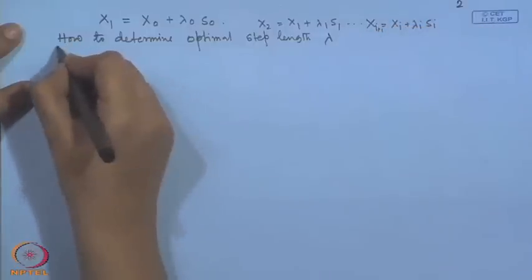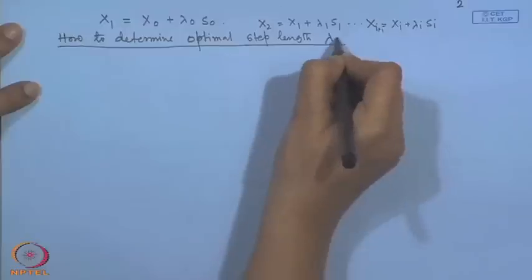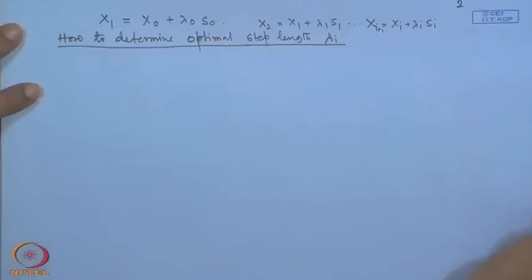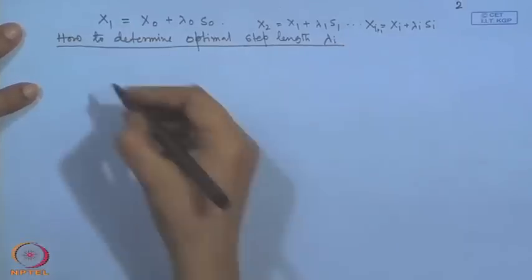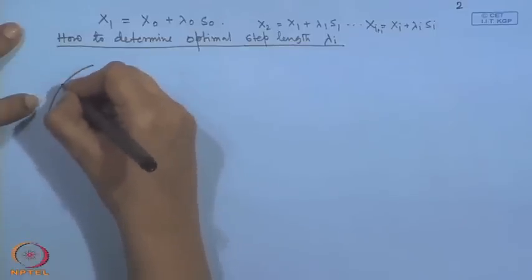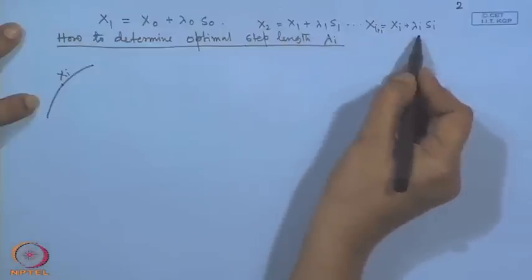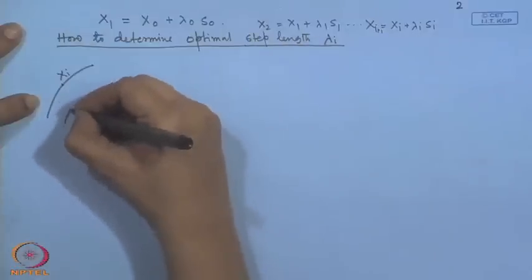Now, we are giving the general procedure to find out the optimal step length lambda i at the ith step. This is the position of the point xi. Now, we want to move to the next, xi+1.